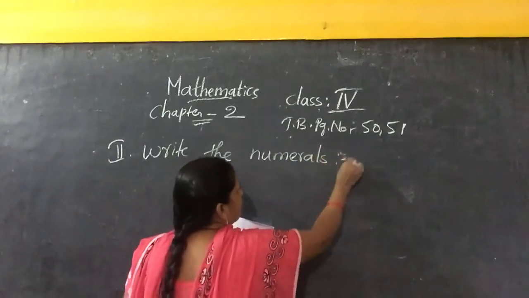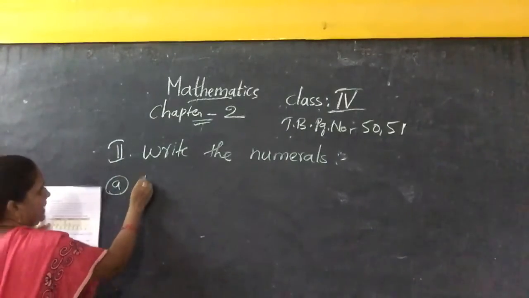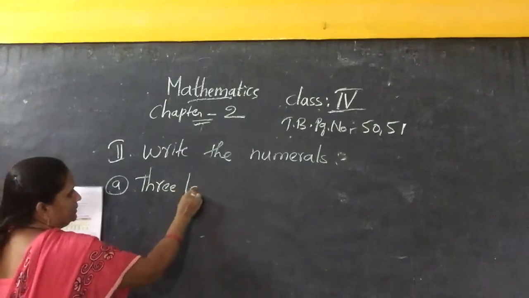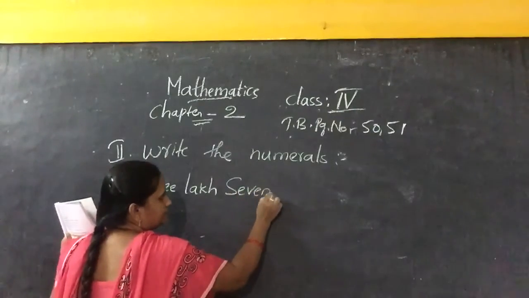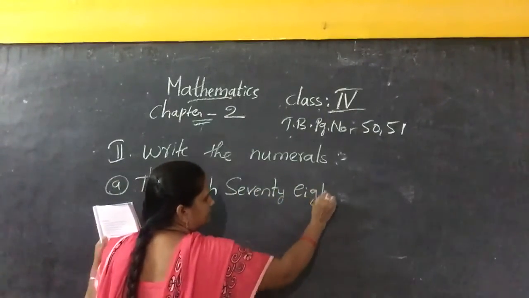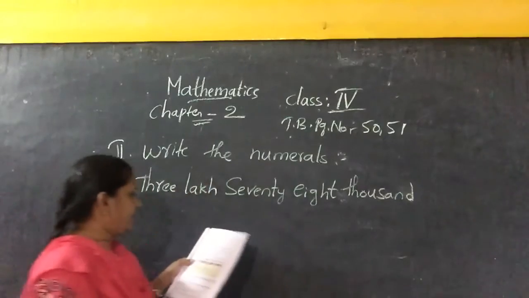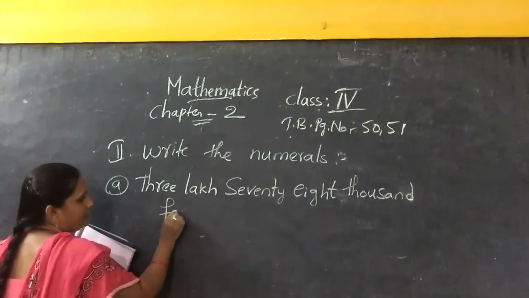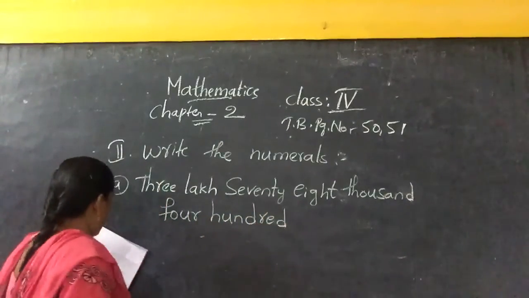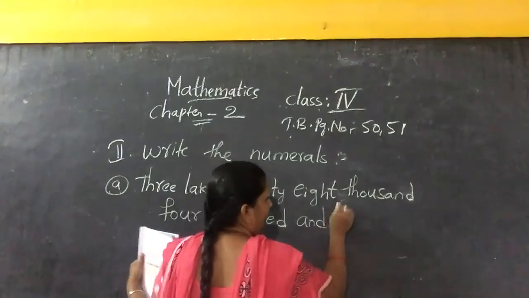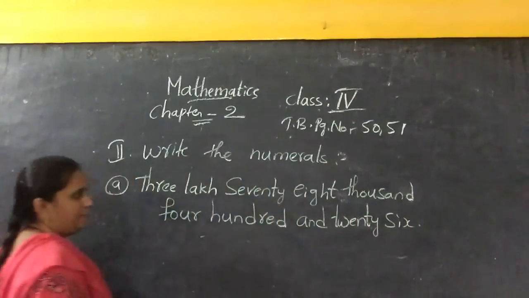A1, what is given in the textbook: 3 lakhs 78,000 426. This is the number in words.